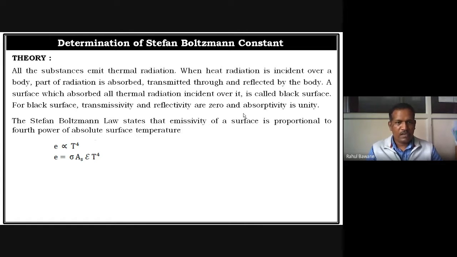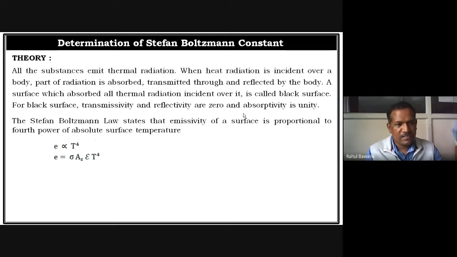So the body which is above absolute zero temperature emits radiation, and that radiation is directly proportional to the temperature raised to the power 4. If we simplify this, remove the proportionality sign, the emissive power of that surface will be equal to sigma, surface area, emissivity, and temperature raised to the power 4.